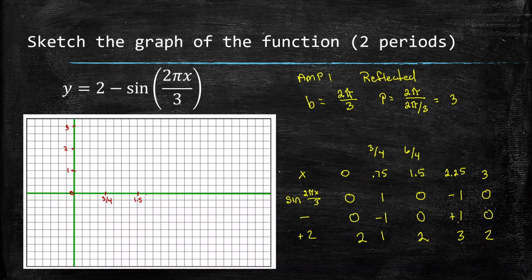It's easier to write. 2, 3, 4. This is 2.25. And this is 3. Okay, so 2 and 1. Over here's 1. Down to, back up to 2 again, which is kind of 2 is our new 0, right? And this is up to 3. And back down to our starting spot. So my graph is going to look like that.